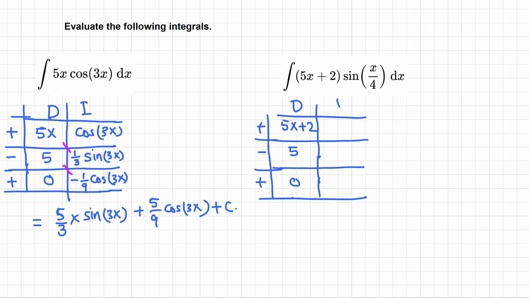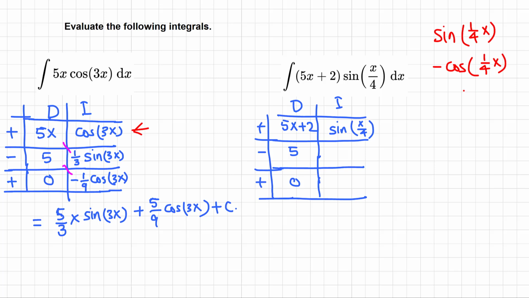Now this is our integral factor, sine x/4. Let me show the integration. Sine x/4 is the same as sine of 1/4 x. And when we integrate, we're going to get negative cosine 1/4 x divided by 1/4. Look at here, the 3 divided by 3 means multiply by 1/3.